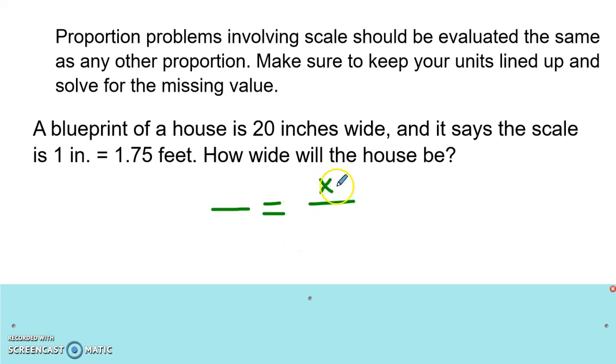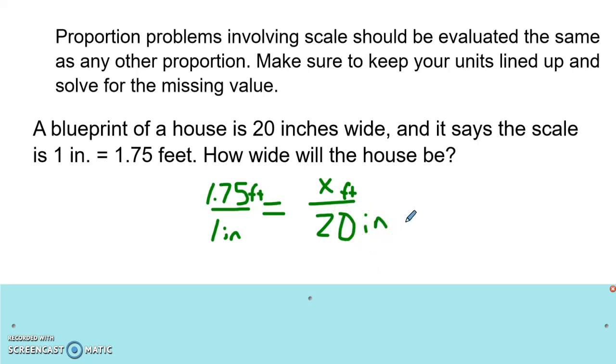Okay, so if I have feet here, I'm going to need to have feet over here across from it. 1.75 feet, and then below the 1.75 is going to be the 1 inch. And this is feet, and this is feet. And then the last part of my proportion is going to be 20 inches.